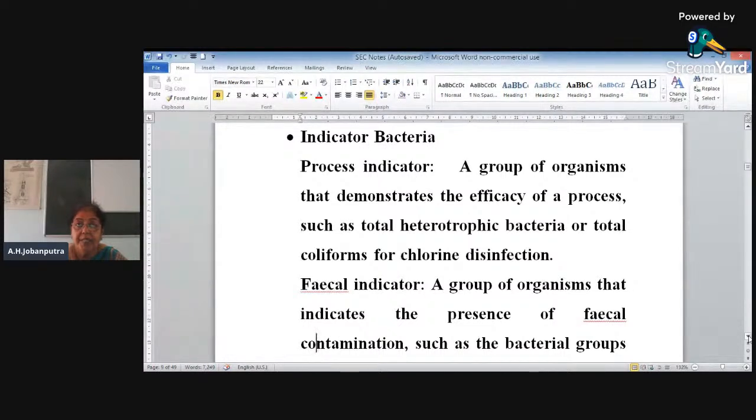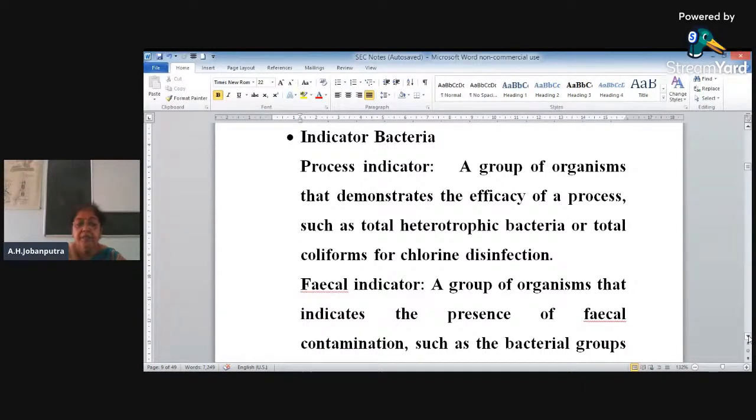If they are present in a count more than a specific level, that indicates that the process is not done properly, so it should be repeated. That is, chlorine disinfection should be repeated.